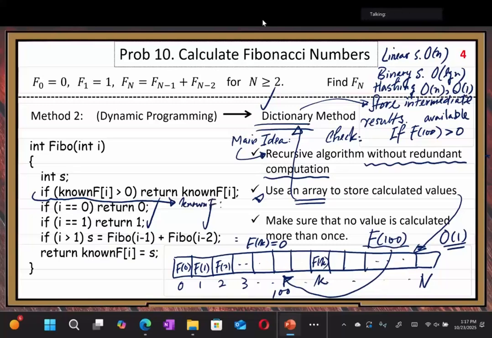Okay? So we're here. But after the calculation, this is the first time you calculate this value, right? After the first time calculation, you should update your dictionary.